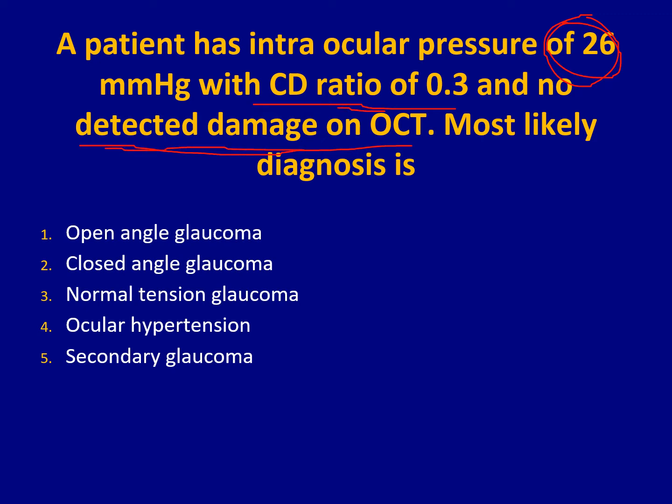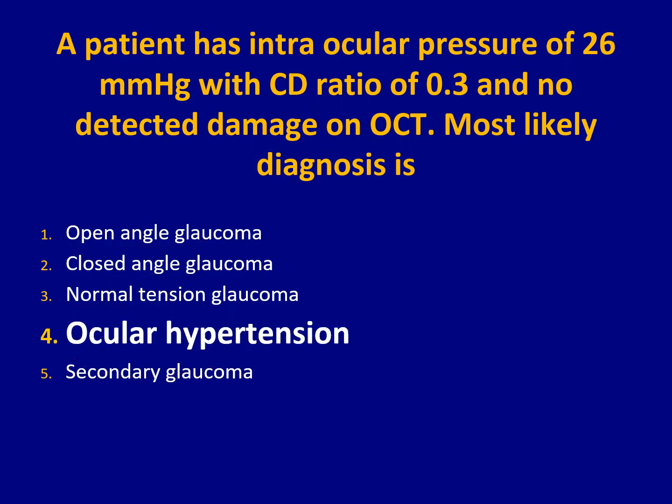So the most likely diagnosis is open angle glaucoma, closed angle glaucoma, normal tension glaucoma, ocular hypertension, or secondary glaucoma. Now concentrate here. The pressure is 26 but everything else is normal, so it's perhaps not a glaucoma, so it would be ocular hypertension again. Let's see the answer. Ocular hypertension is the answer.